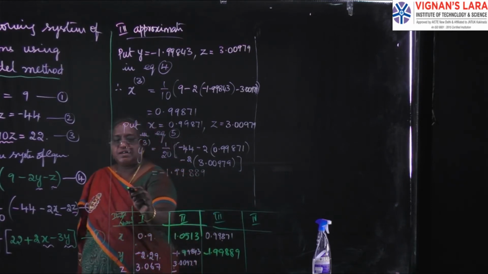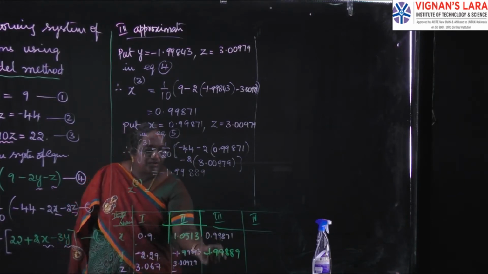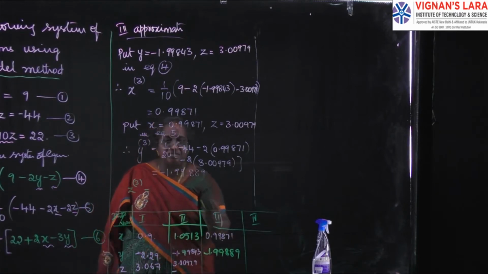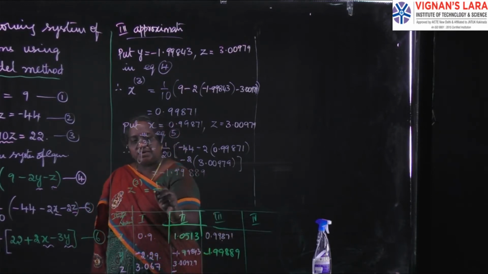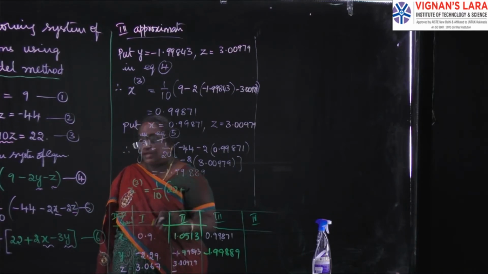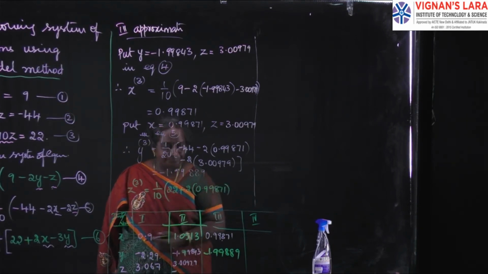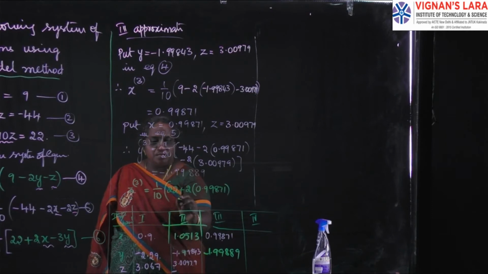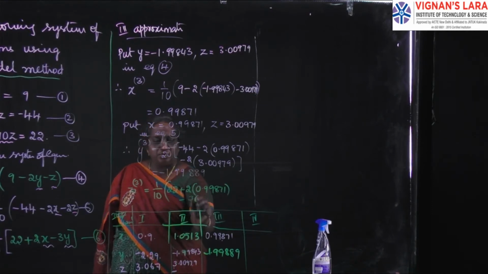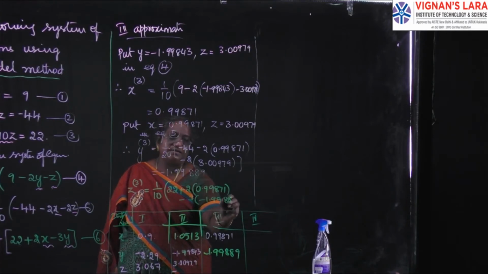So now similarly, third approximation of z. For the third approximation of z, we need x and y. These are the two values to be substituted. New values are these two. So z is equal to 1 by 10, 22 plus 2 into x value is 0.99871, y value minus 3 into minus 1.99889.